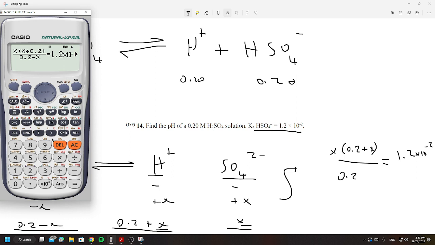I didn't even put this. My God, guys, please be careful when you solve. Wait, let me just do this properly. Products over reactants. Because I feel like I'm doing something wrong here.